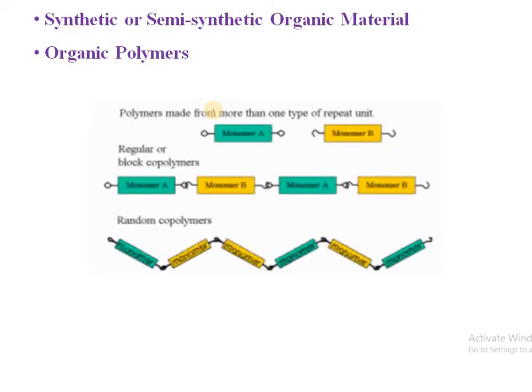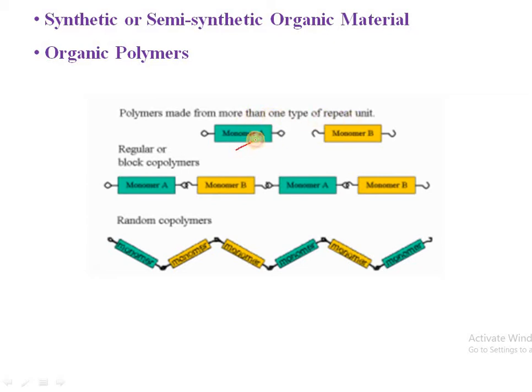It's a synthetic or semi-synthetic organic material. You can also call it an organic polymer. The term polymer is derived from the Greek word meros, in which mer stands for a single unit. Now a copolymer is made from more than one type of repeat unit.